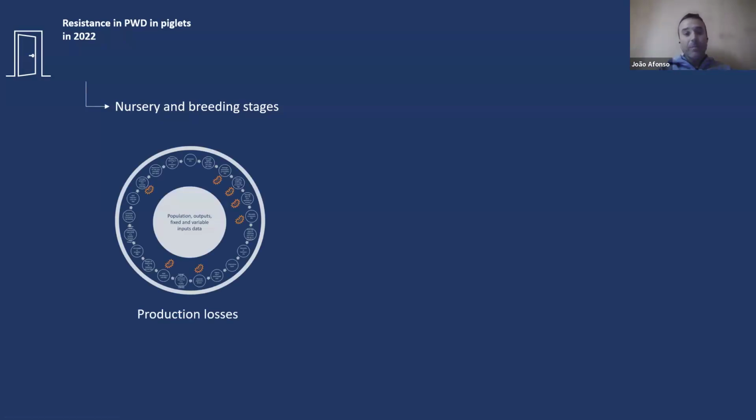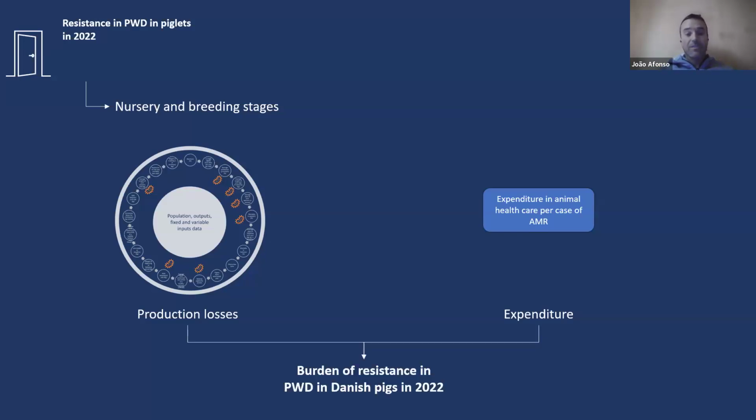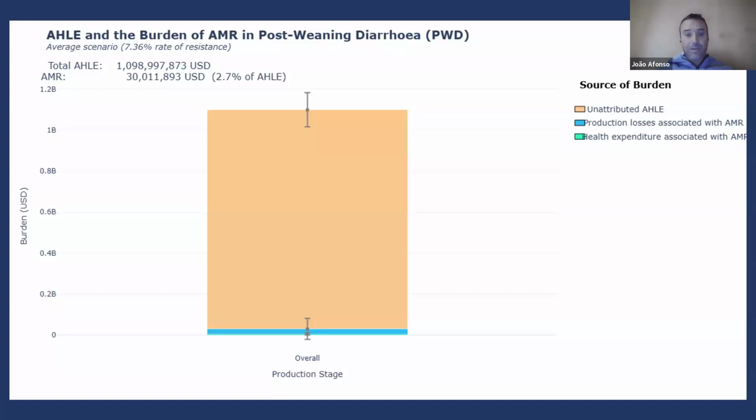So we've developed a dynamic population model to assess the production losses by considering that some of the parameters would be affected by the presence of resistance within these systems. And we've also considered expenditure, taking into account the surplus of antimicrobials used to deal with resistant cases, and also some other inputs based on expert opinion to build up our burden of resistance in post-weaning diarrhea in Danish pigs in 2022.